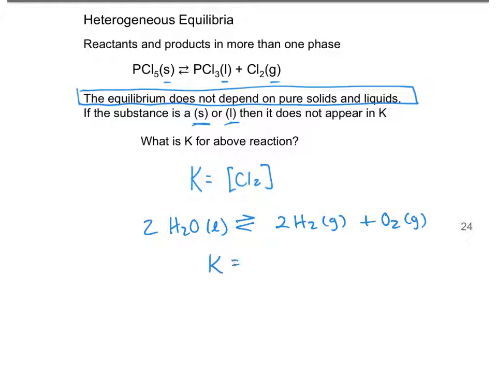In this case, K is going to be equal to H2 squared times O2. Again, ignoring water as it's a liquid. The reason we can do this is that if we're at equilibrium, the concentration of a liquid or a solid shouldn't change. So that's why we just leave it out of our equilibrium expression.